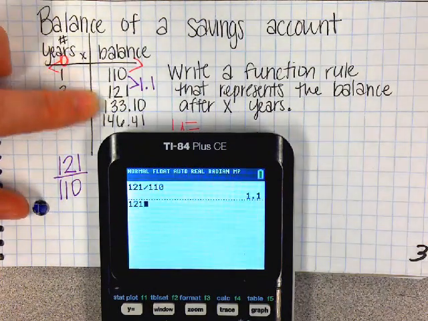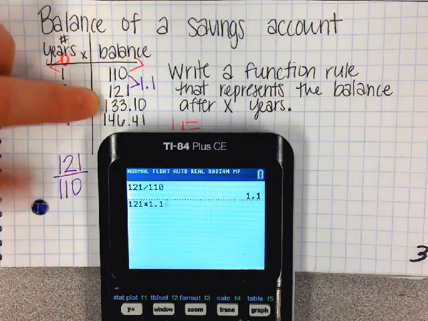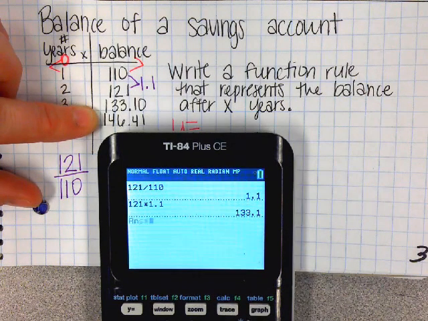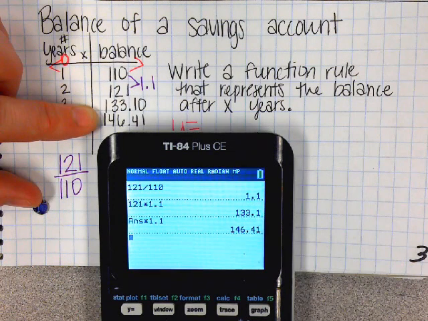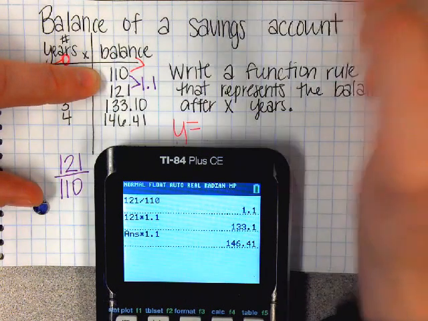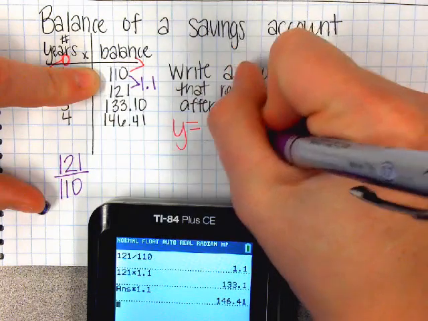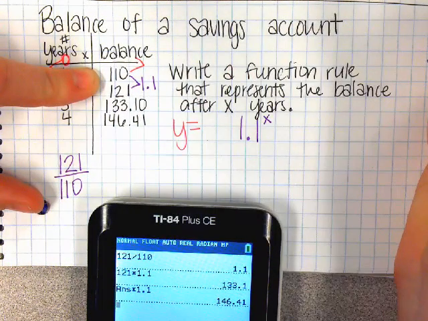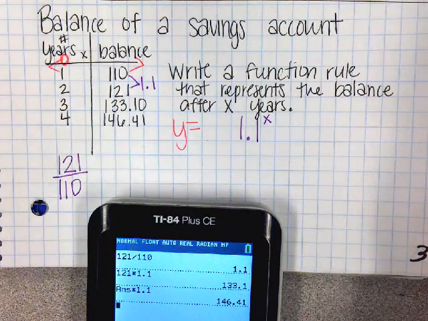Okay, let's just check that. Take 121 and multiply by 1.1 and see if it gives you the next number. It did. Multiply by 1.1 again, and it's 146. So that is our multiplier. So I'm going to go ahead and write that down. It's 1.1x.